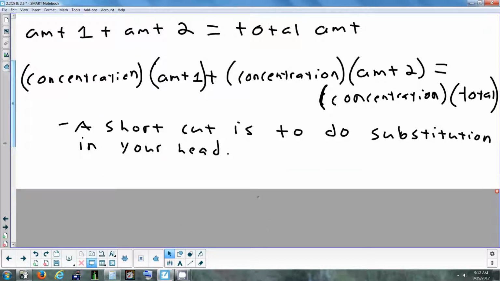So a shortcut, if you don't want to set up two equations, is you can do substitution in your head. Let's say you were mixing two solutions together to get 10 liters. You have x plus y equals 10. In my head, if x plus y equals 10, then x equals 10 minus y.